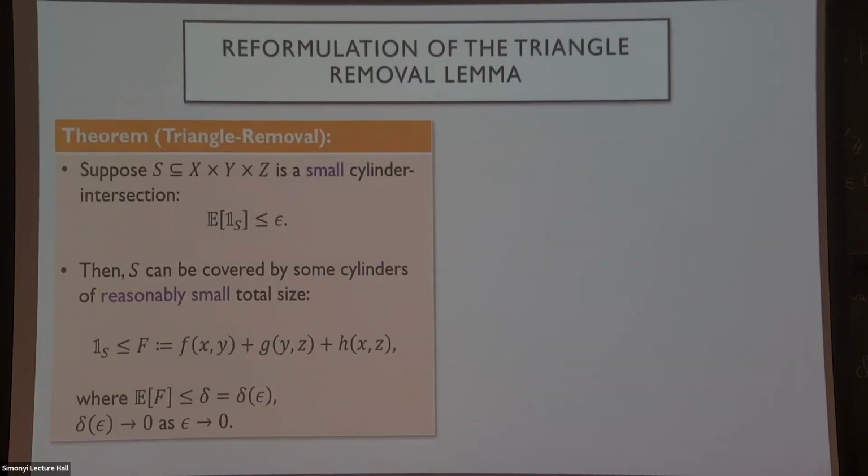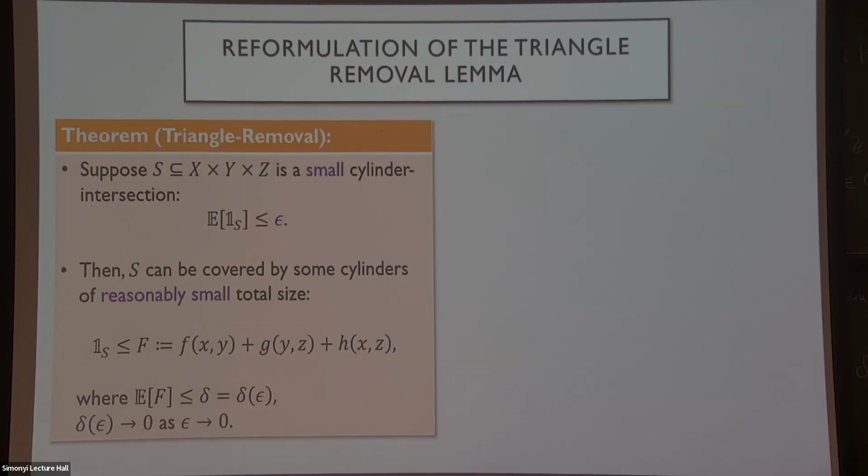Let me move on to this last point, which is a reframing of the standard triangle removal lemma. I'm just going to point out that this is a completely cosmetic reframing of the standard triangle removal lemma, which says that if you have a graph with few triangles, you can remove a small number of edges in order to destroy all the triangles.